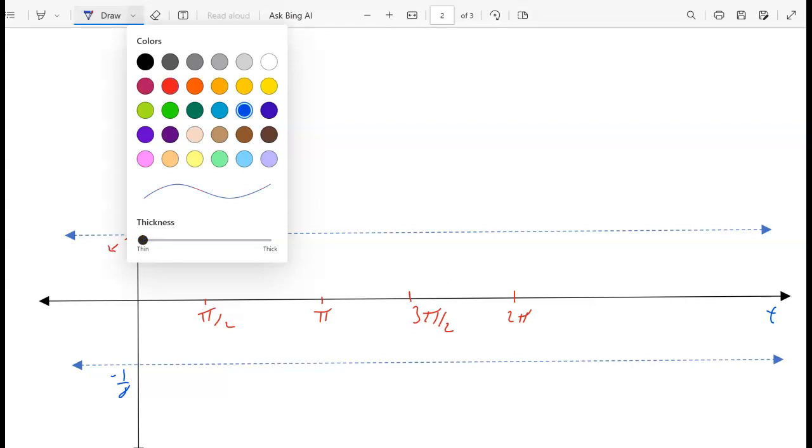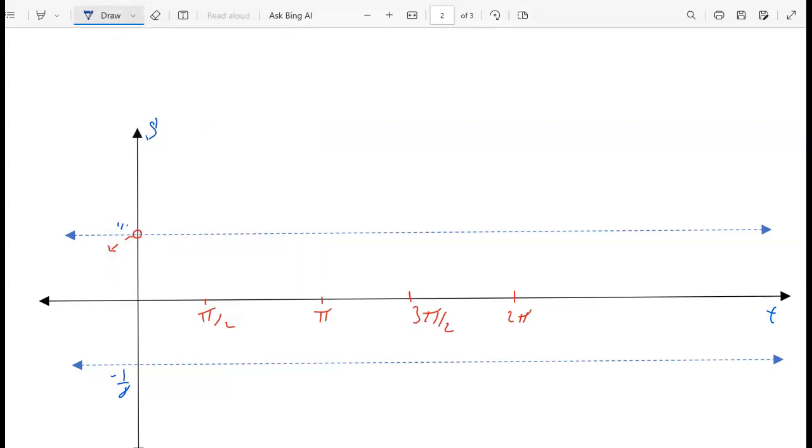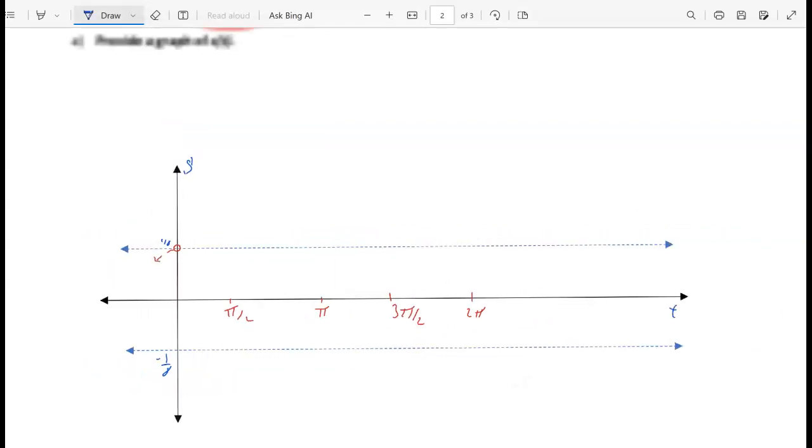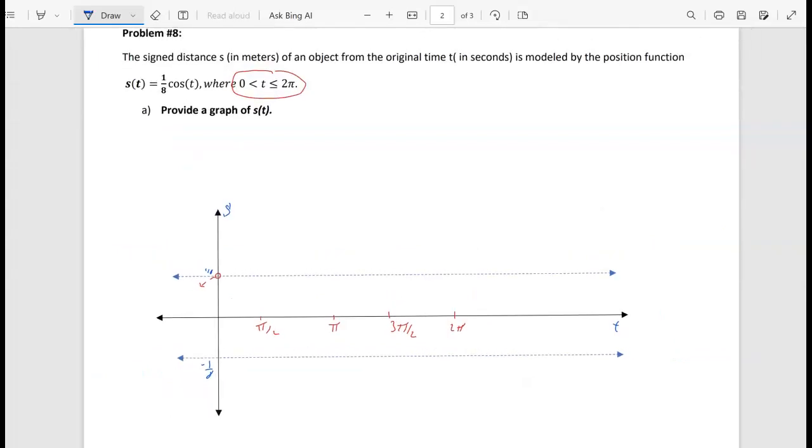So we still have that this is the 1/8. Then the next portion is the other coordinate points that we do have. At pi over 2, we happen to be at 0. At pi, we're at negative 1/8. Then it goes back to 0, and then it is defined at 2 pi.